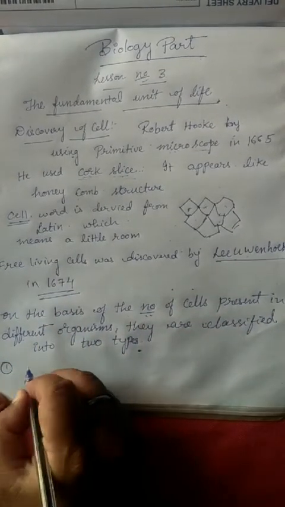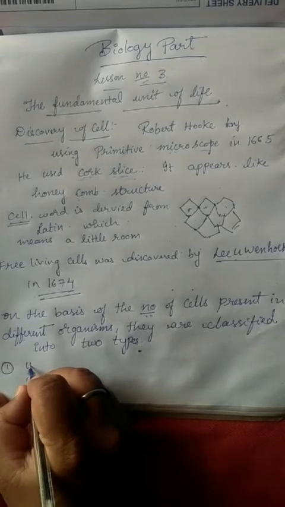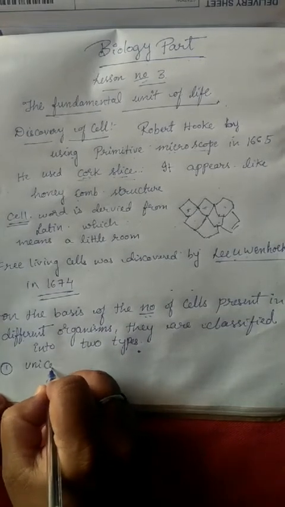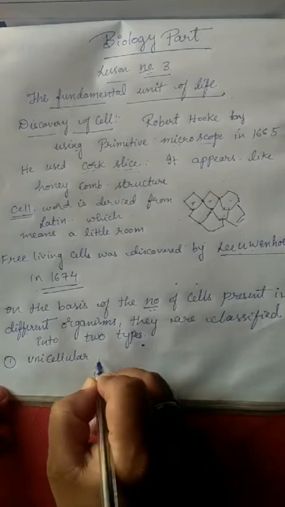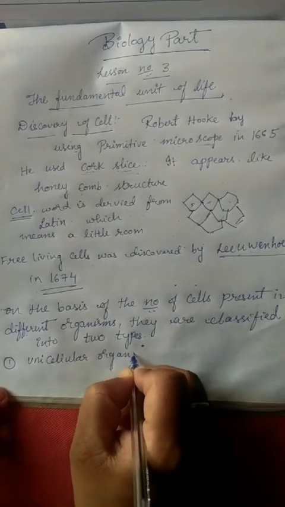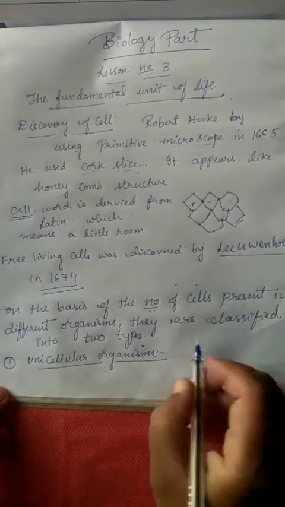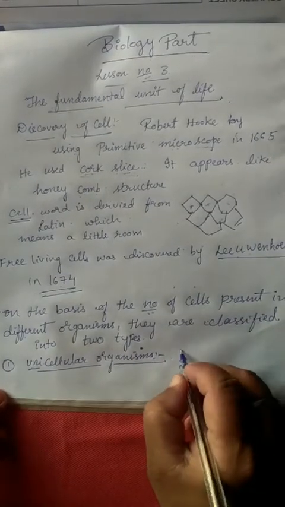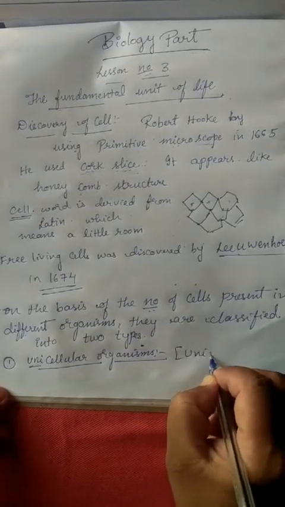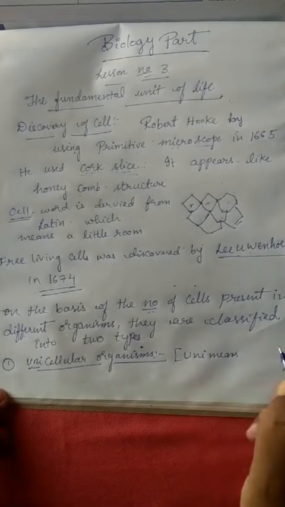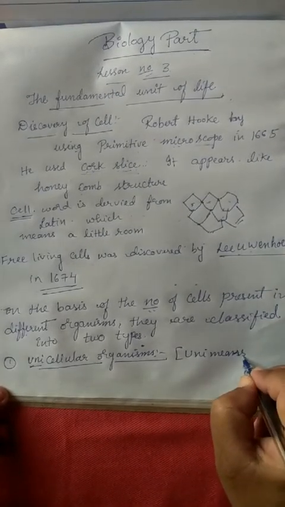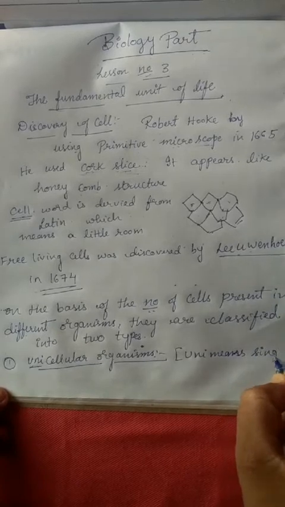The first one is unicellular organisms. What are unicellular organisms? Uni means single.